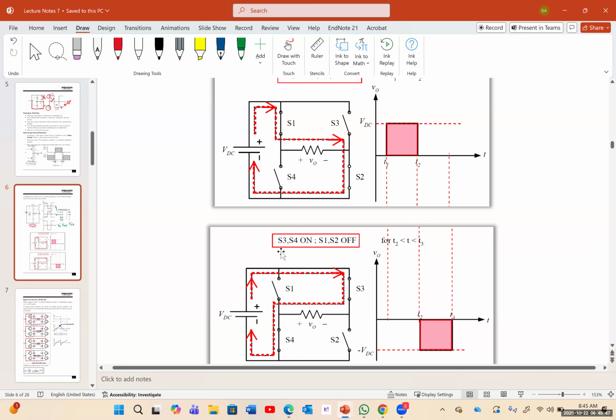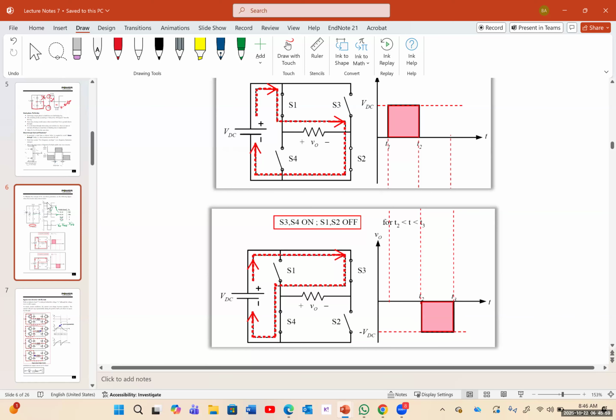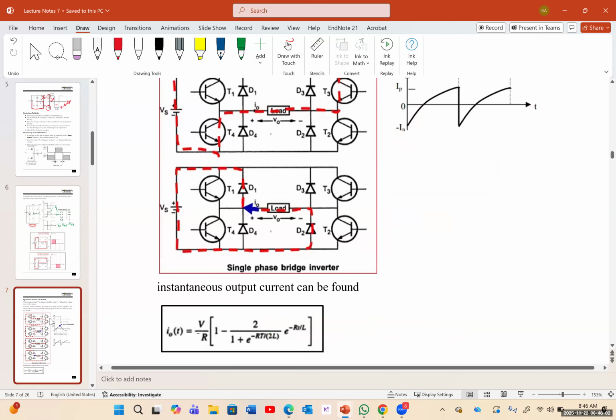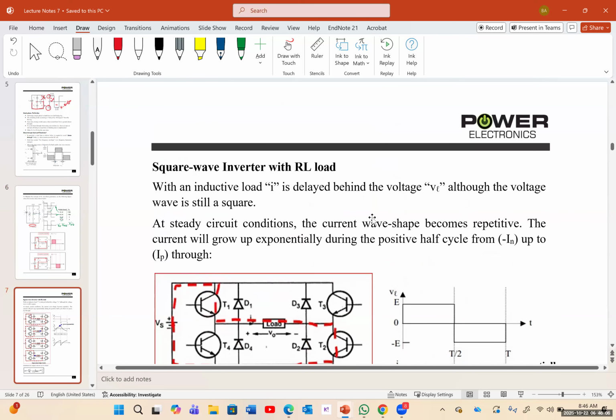And this is for S3 and S4 on, and S1, S2 being off. And for this scenario, T is between T2 and T3. Now, these are without dead time, so we immediately went through to that. But obviously, we want to have dead time, and I'll explain later on for the control. This is for just studying the switch.